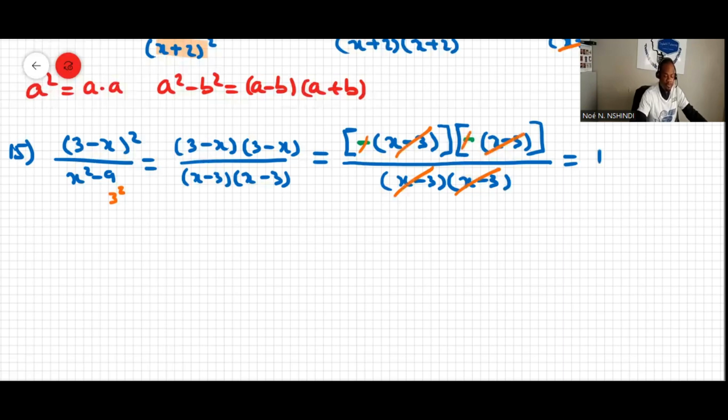Someone else may remember that earlier it was proven that a minus b squared is equal to b minus a squared.